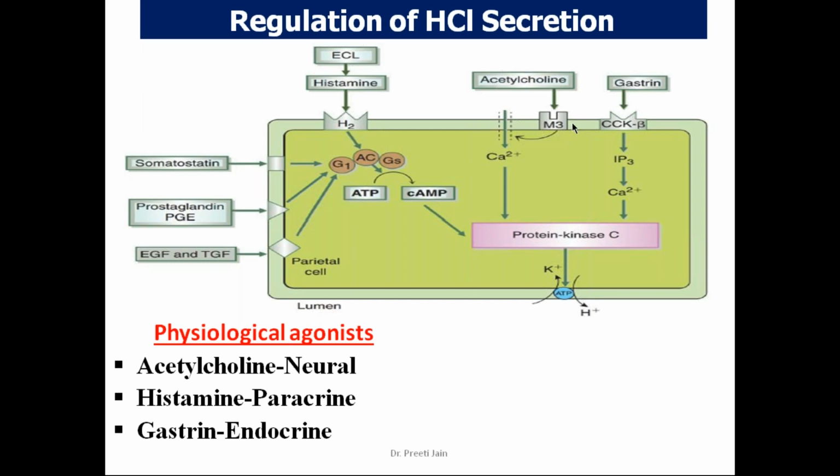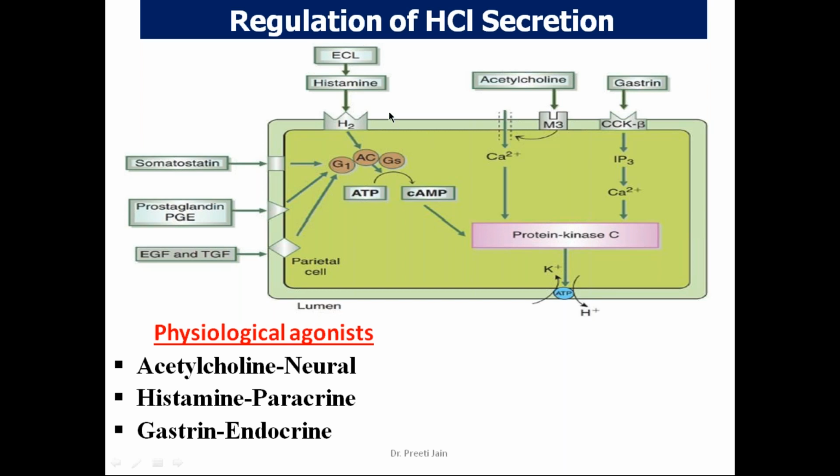Acetylcholine is a neural mechanism, histamine is a paracrine mechanism, and gastrin is an endocrine mechanism, right? So in the regulation of HCl secretion, all these three mechanisms are playing a role: the neural, the paracrine, and the endocrine mechanism.